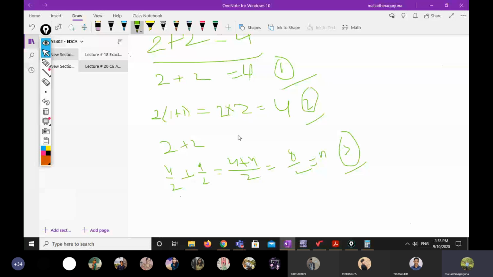It doesn't matter what procedure you follow or how you calculate. The ultimate goal is whether you designed an amplifier which suits my requirement or not. That is the only thing.